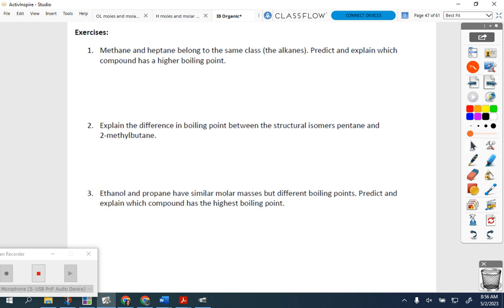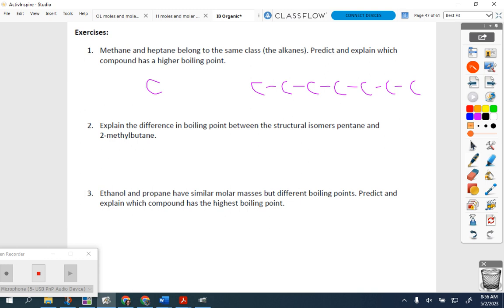Yes, more dispersion forces. So higher probability if I've got just one carbon versus 7 carbons. Assume the hydrogen's attached to all of these. Then there's a greater probability that I will have a temporary dipole caused by the movement of electrons around this heptane molecule than around the methane molecule.